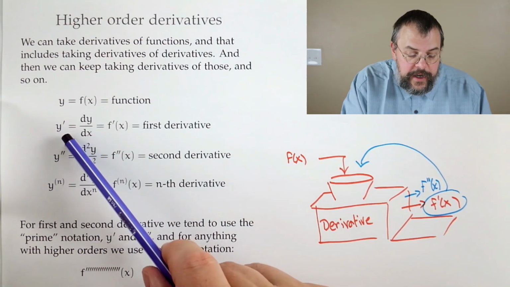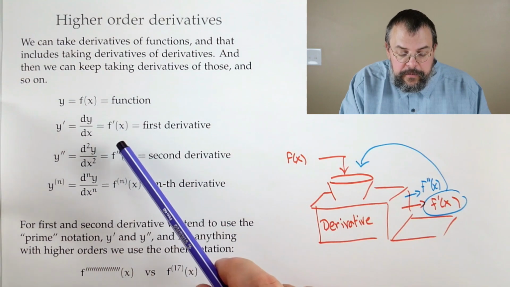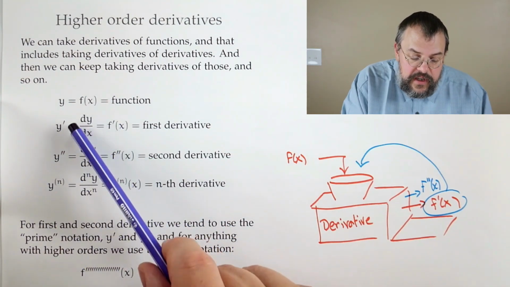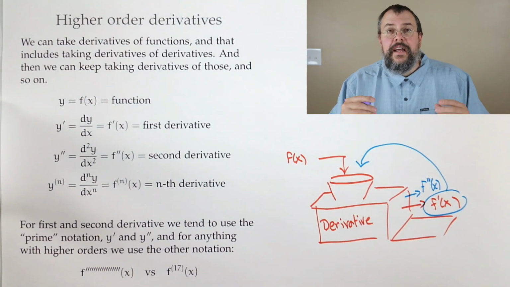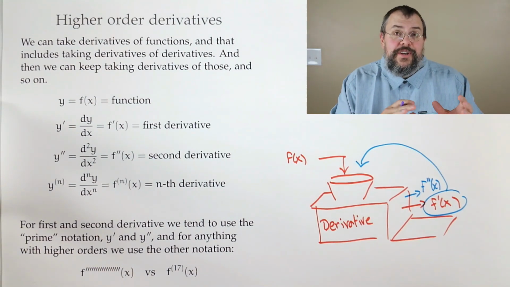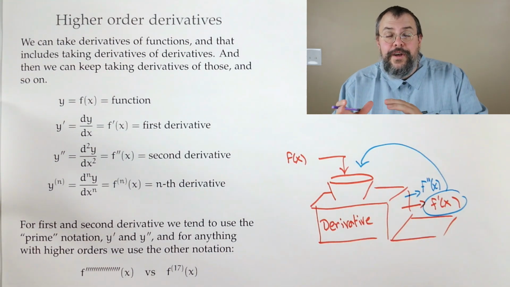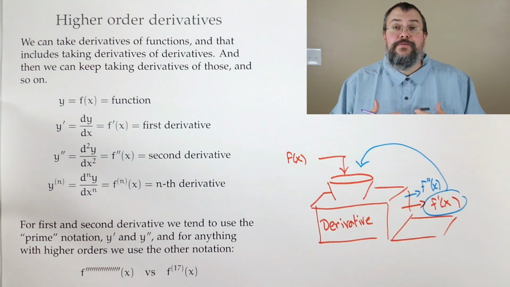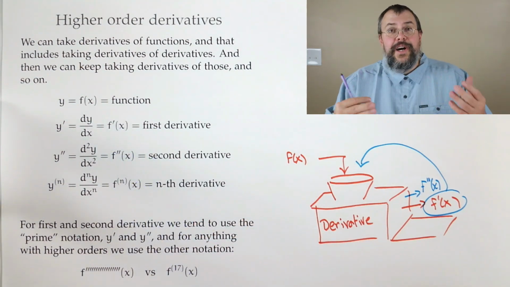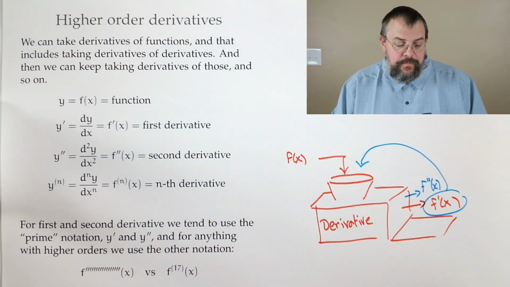The prime is very common, so y prime or f prime or dy dx. And whenever you see a d, we should always think of that as, oh, d means a small change in, or how one thing is changing with respect to another thing. Because derivatives measure rates of change. So dy dx, how is y changing as I'm changing x?